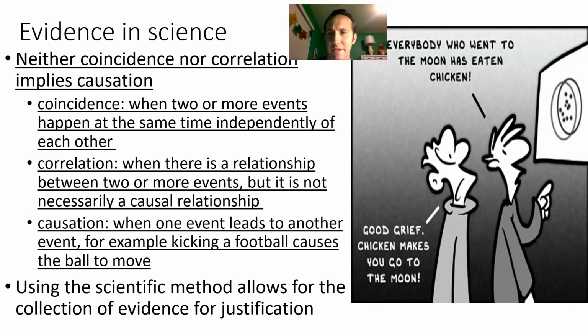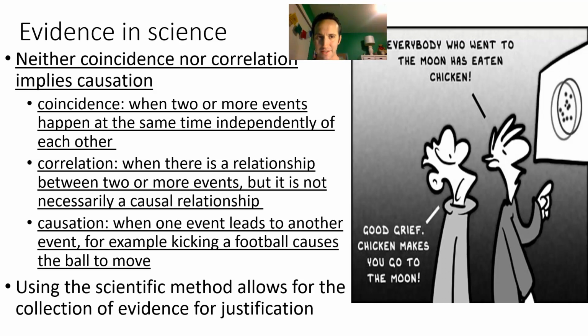So let's look at more investigation when it comes to evidence in science. Major issue here: neither coincidence nor correlation implies causation. Everybody who went to the moon has eaten chicken. Chicken does not make you go to the moon. So let's take a look at these three C's. Coincidence is when two or more events happen at the same time, independently of each other.